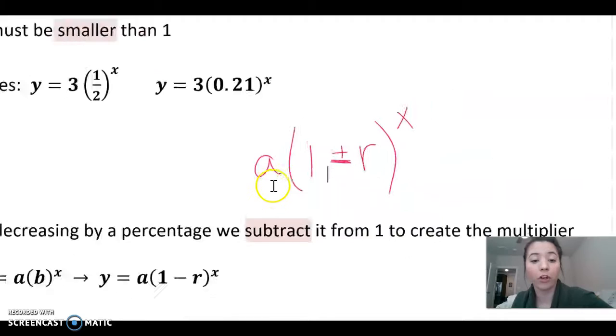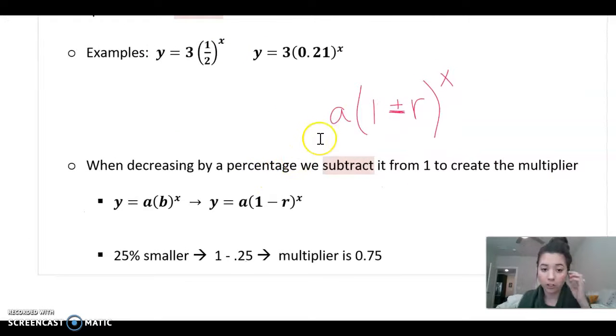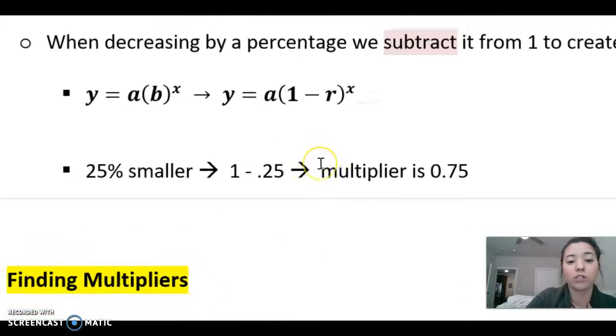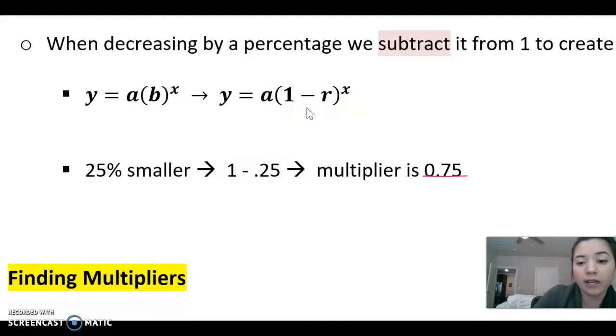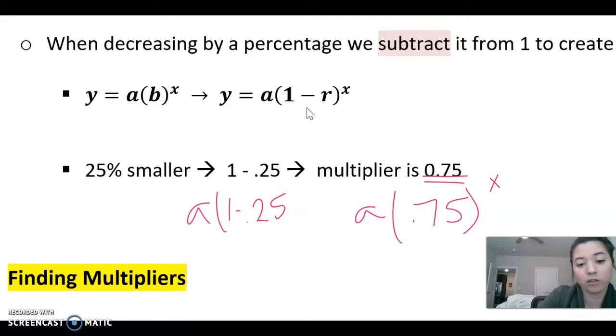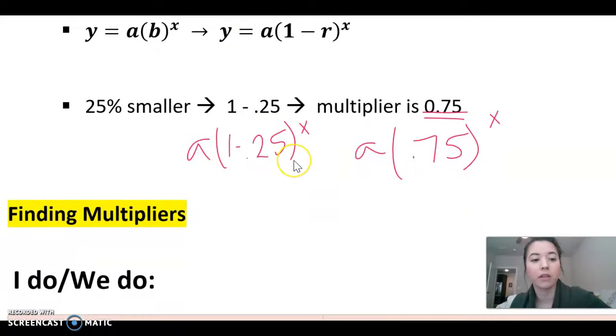So you're going to have to read your story problems and determine, is this an increase or decrease, and choose the right way to find your multiplier. So again, if I told you something was shrinking by 25%, that means for b, we're doing 1 minus 0.25, and my multiplier would be 0.75. So my final equation would look like this: a times 0.75 to the x.